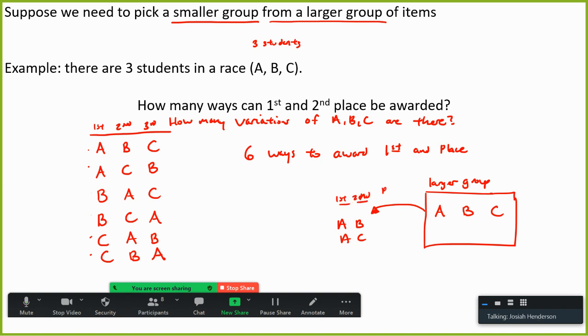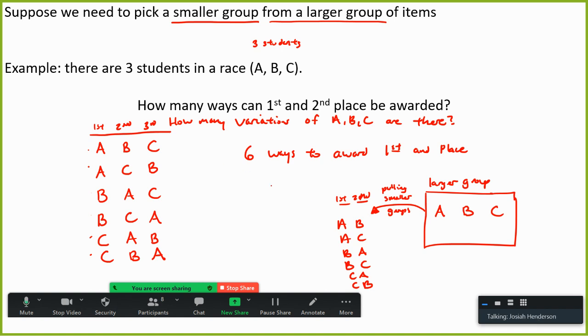So we're pulling from it smaller groups of 2. BA, BC, or CA, CB. So I just rewrote the first list we made to emphasize that we're really just focused on pulling 2 from a total of 3. And the order matters.